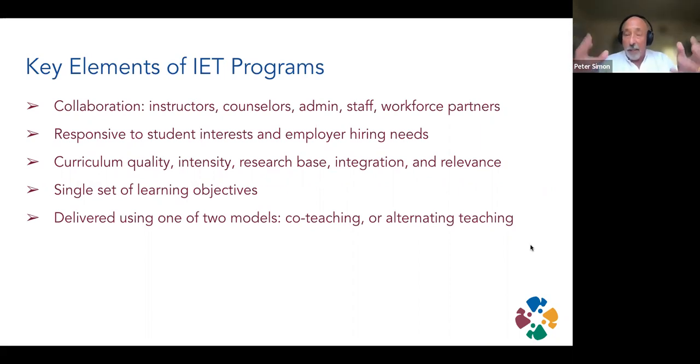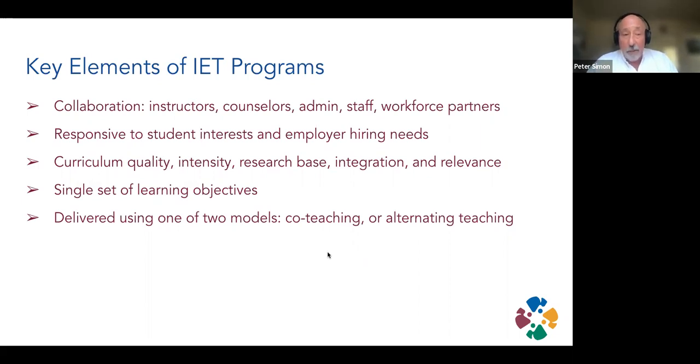So it's really a team effort with different variations on how that looks. IET programs that are successful really are responsive both to student needs and also to employer hiring needs, so that there really is a demand on the other end of these programs.